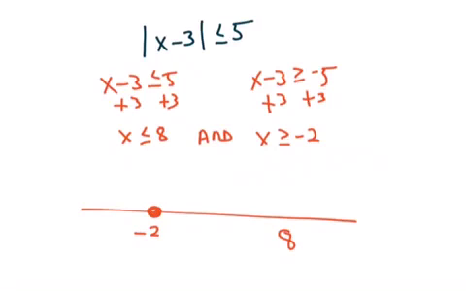So here are our boundaries, and since these overlap, it's an AND, we graph in between. It turns out we can generalize this: whenever we have absolute value and we have less than, we can automatically conclude that it is an AND problem.